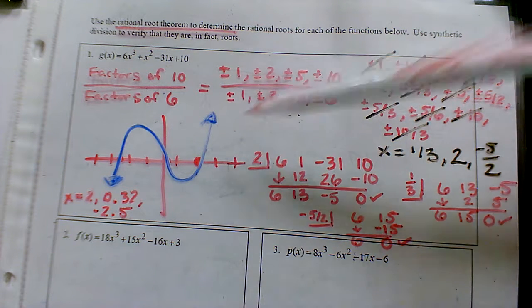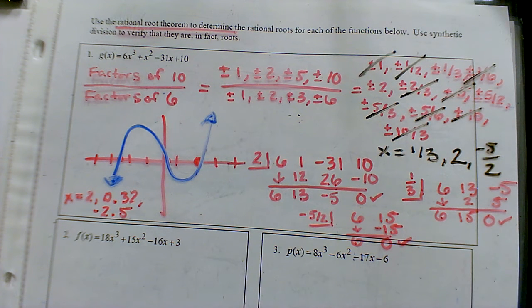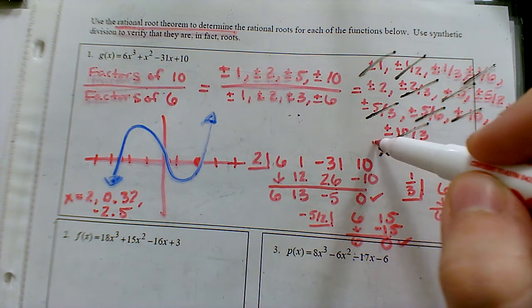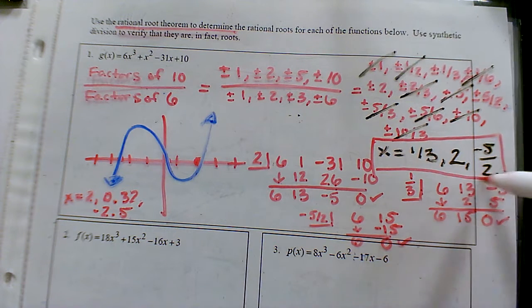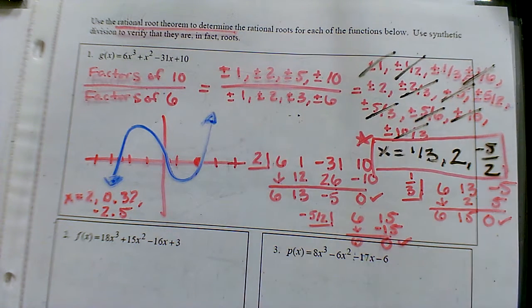We then used the calculator to narrow it down a little bit, of the possibilities, which ones make sense. And based off of those ones that we narrowed down, we then verified to confirm that they are actually the x-intercepts of this graph. So our roots are the 1/3, the 2, and the -5/2.